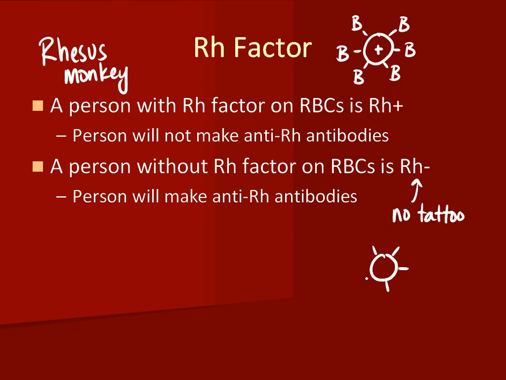It means it's got B's and then it's got no tattoo to mark the plus or minus. You don't get a negative tattoo. An Rh negative means you don't have any special Rh tattoo. So my body tolerates that, right? Because it's looking and it tolerates the positive tattoo, and it also tolerates the lack of a tattoo.